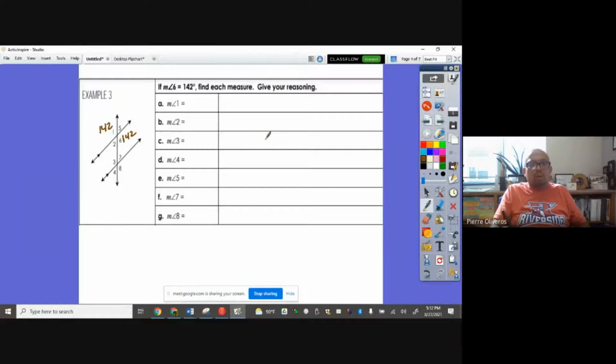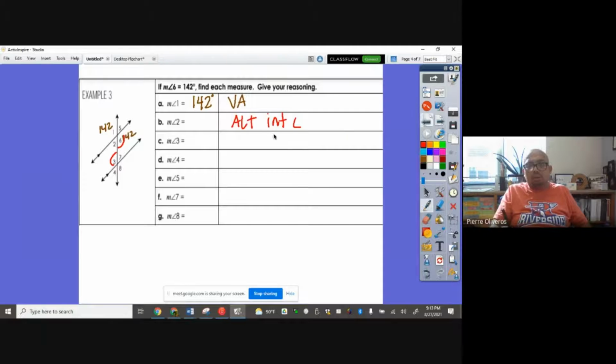Why is that also going to be 142? Because they are VA. What's VA? Vertical angle. So the measurement of angle 1 is 142 degrees. Now, look at angle 3 and angle 6. They are alternate interior angles.